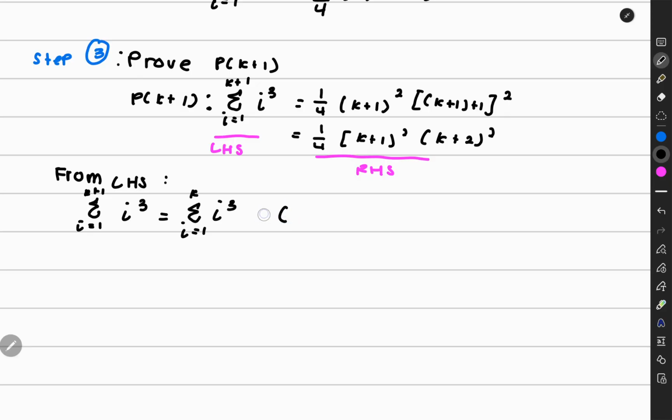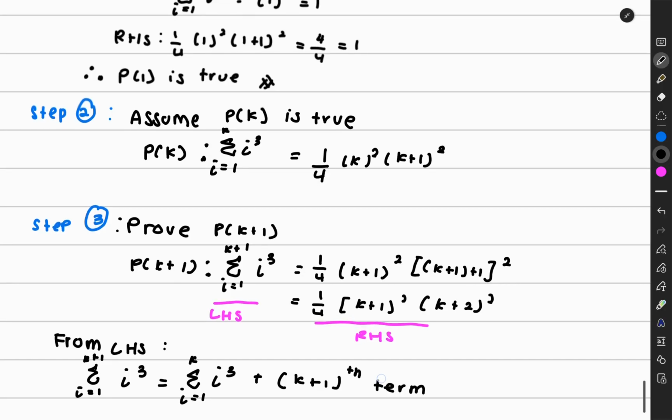Agree? If we have 11 terms, it is the same as adding the first 10 terms plus the 11th term. Make sense? So now, this is what you should do. What is the summations of i to the 3, i from 1 to k? From step 2 earlier.